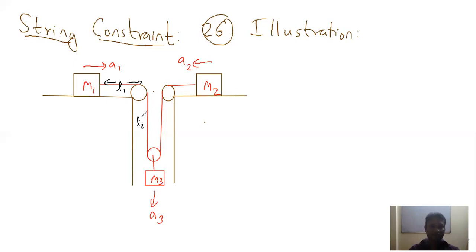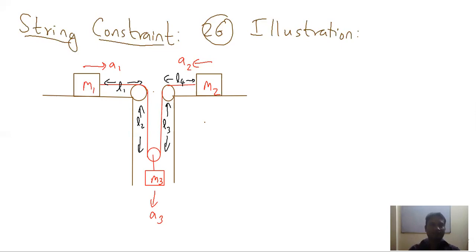This is L2, this is L3, and finally, this is L4. This is all one complete string in red color, all the way from here to here. So L1, L2, L3, and L4 are the lengths of sections of the string.